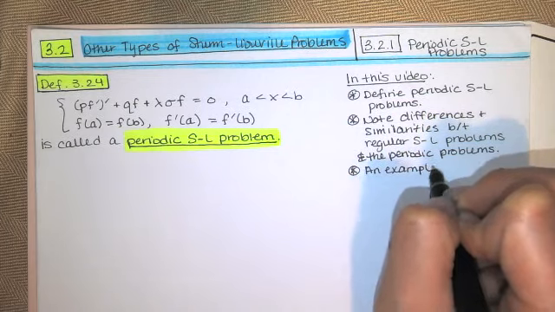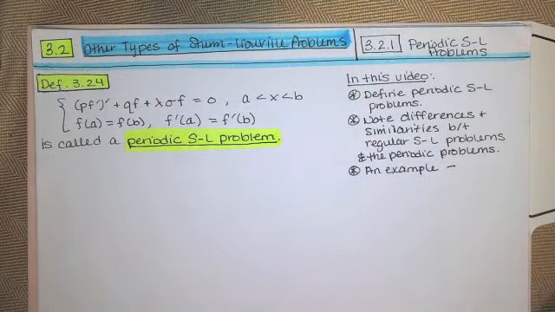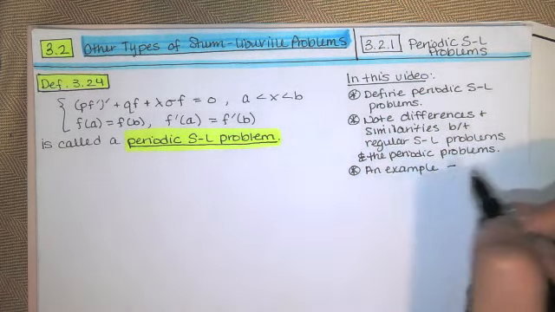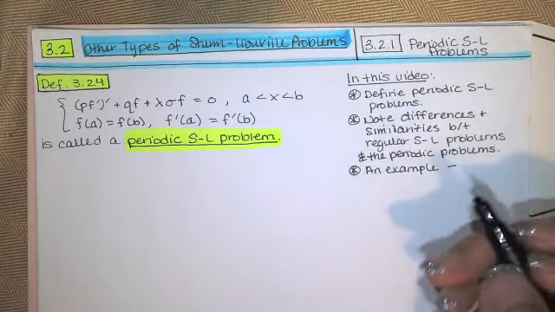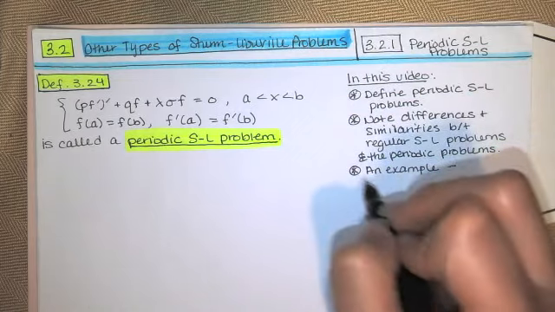And the example that we're looking at actually allows us to derive the formula for the full Fourier series of a piecewise smooth function. So this example is not only an example of how to solve one of these, it is a derivation.